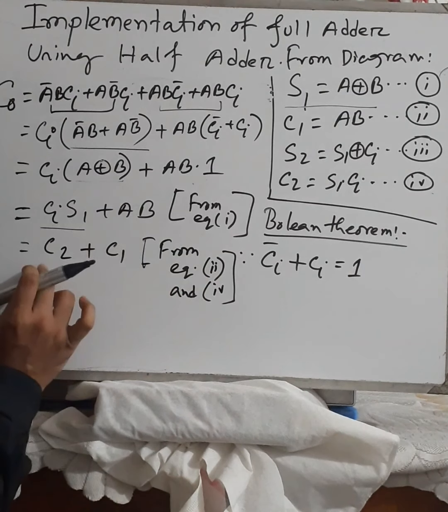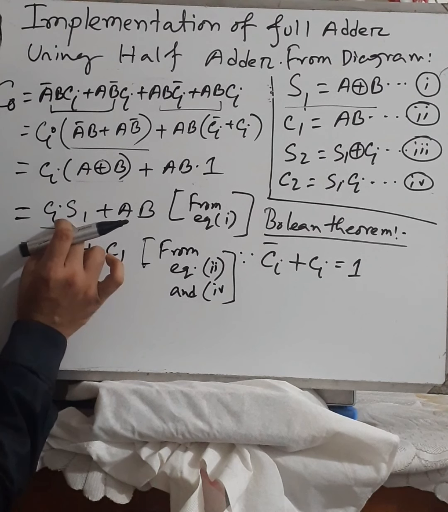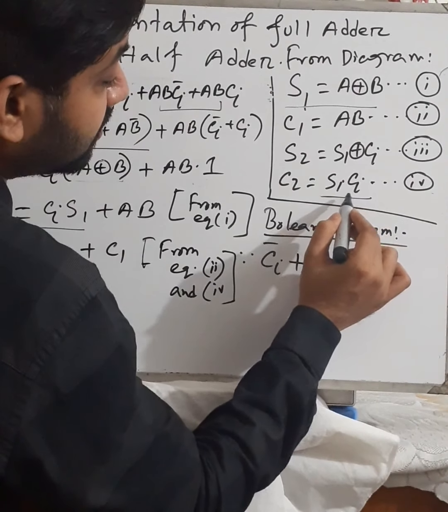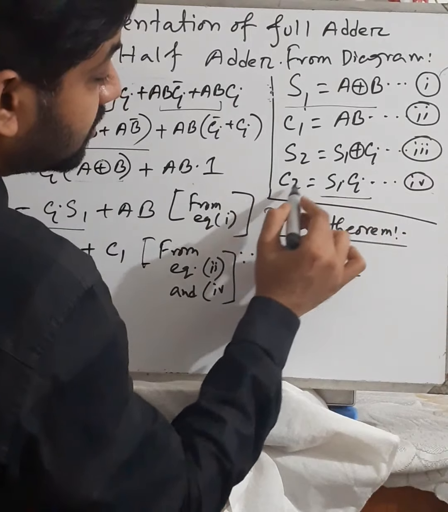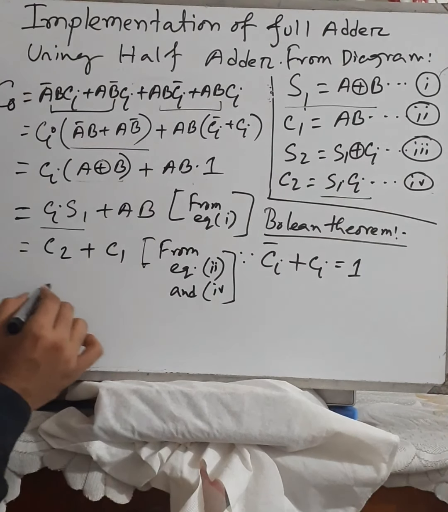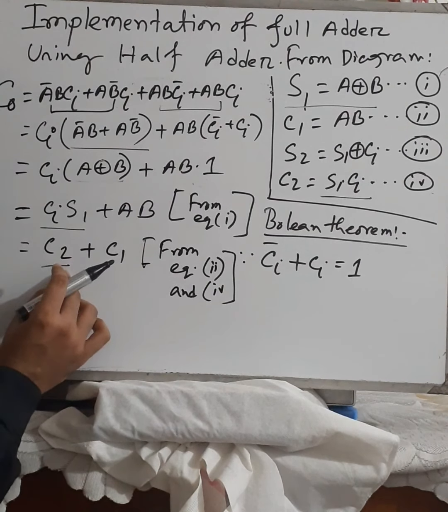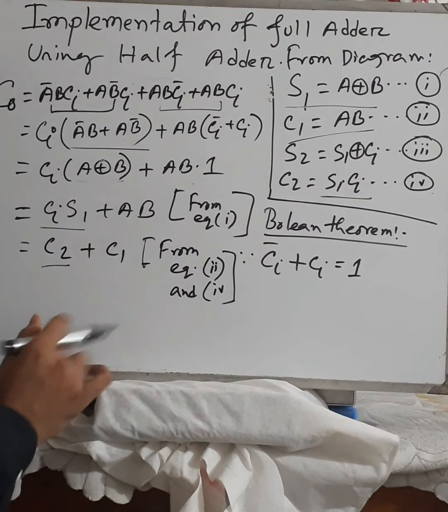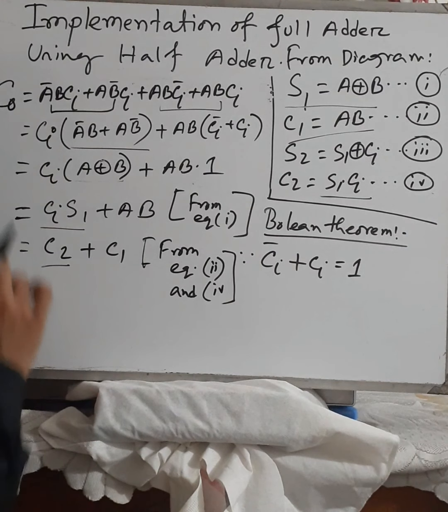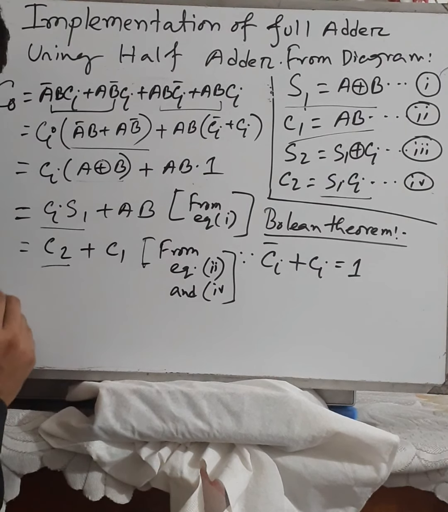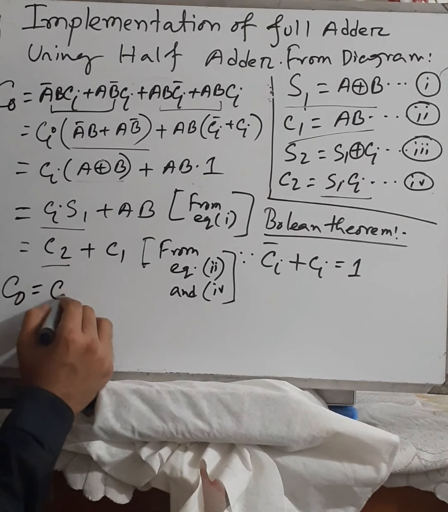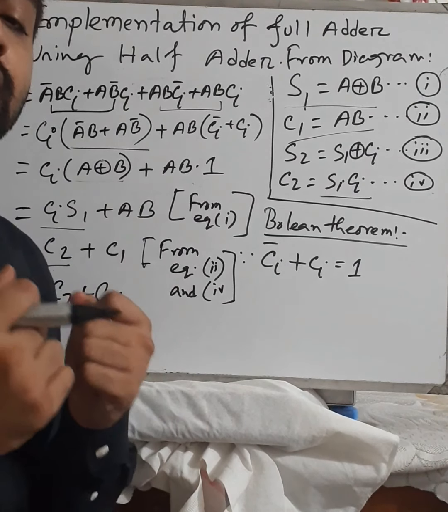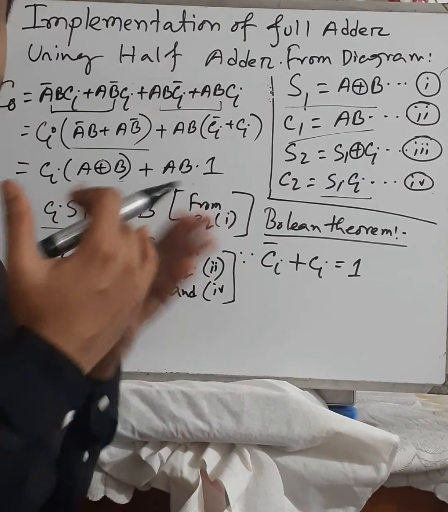After that we have Ci into S1, which is C2, and AB is C1. So you see, we have CO equals C2 plus C1. Hence, the carry part is already proved according to my diagram.